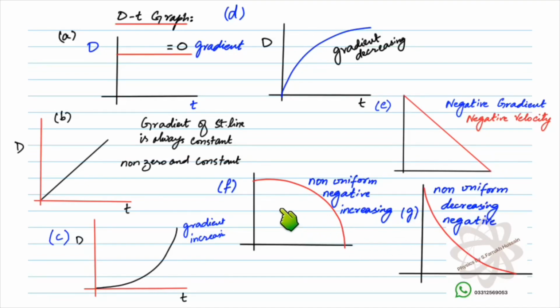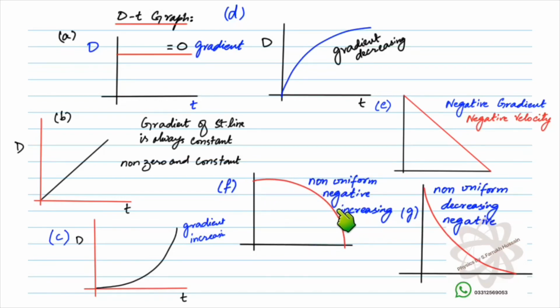The gradient is non-uniform and negative. You will write negative when the value of y is decreasing. As you can see in the E, F and G graphs, the value of y is decreasing, so the gradient is negative. The gradient is constant because the line is straight. The gradient is not constant because the line is not straight in F and G. The gradient is increasing because the line is becoming vertical, right?